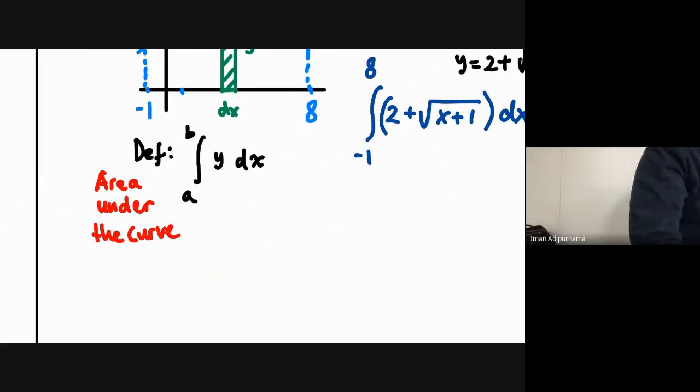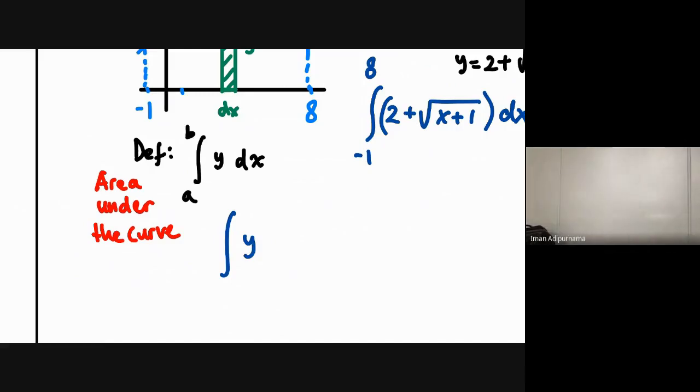Now, if we break down this definition, let me write this as the integral of y. I will manipulate the dx. I will write dx as dx over dt and then dt.